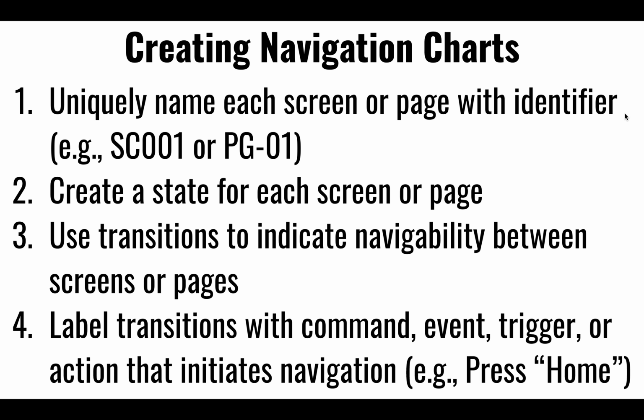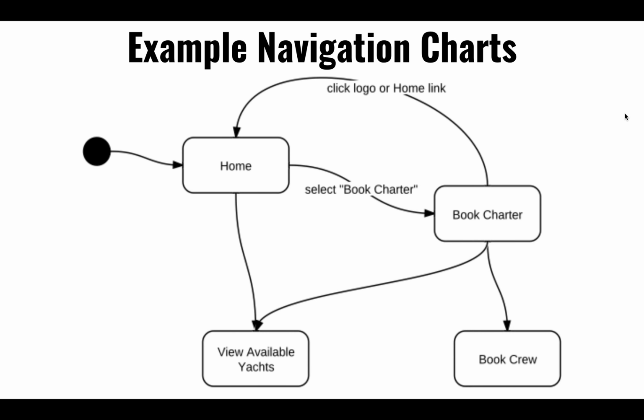We did a little of this last week when we introduced user interfaces, looking at the transitions of navigating from the profile to the administration page and all the different places. It would be a formal way of representing all the different possibilities of navigating across your application. Here's just an example of what that chart might look like.